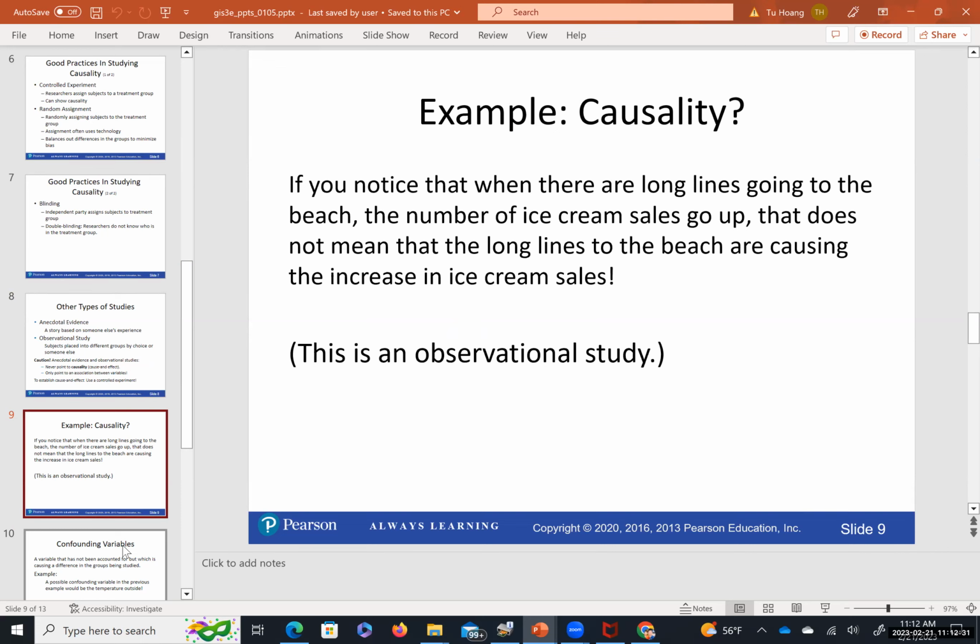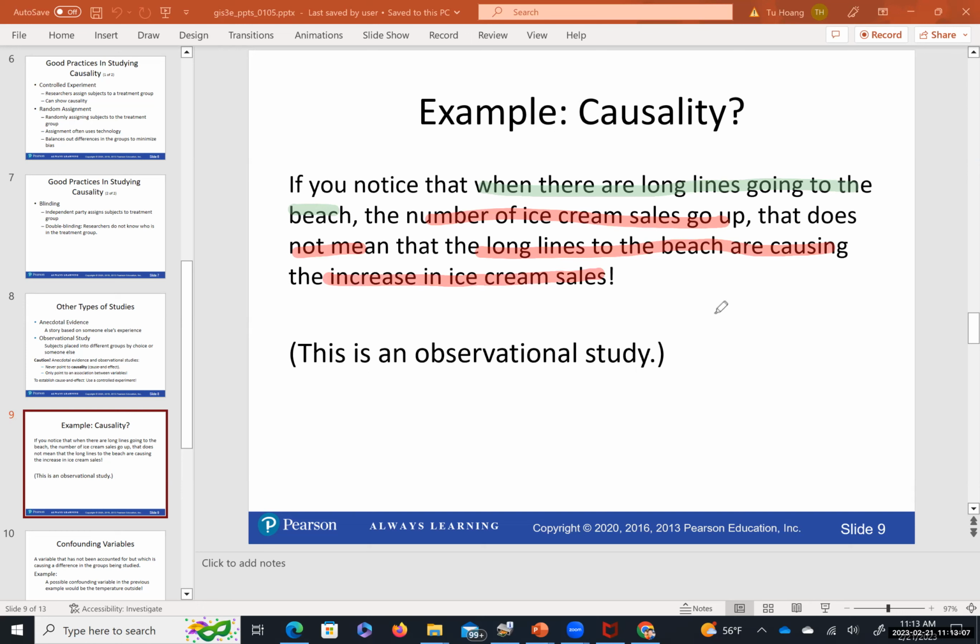So if you notice that when there are long lines going to the beach, so when there's a long line, right, the number of ice cream sales go up. That does not mean the long line to the beach are causing the increase in ice cream sale.